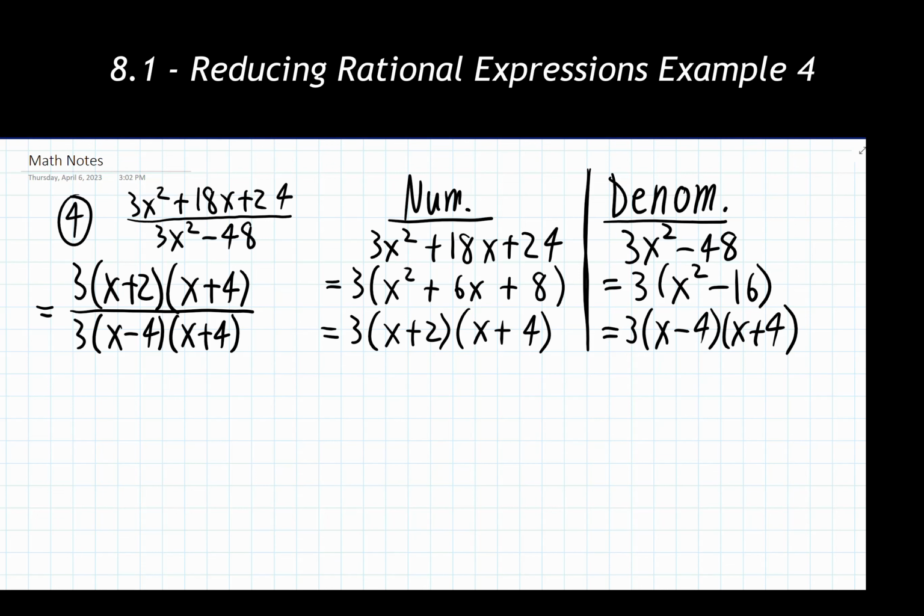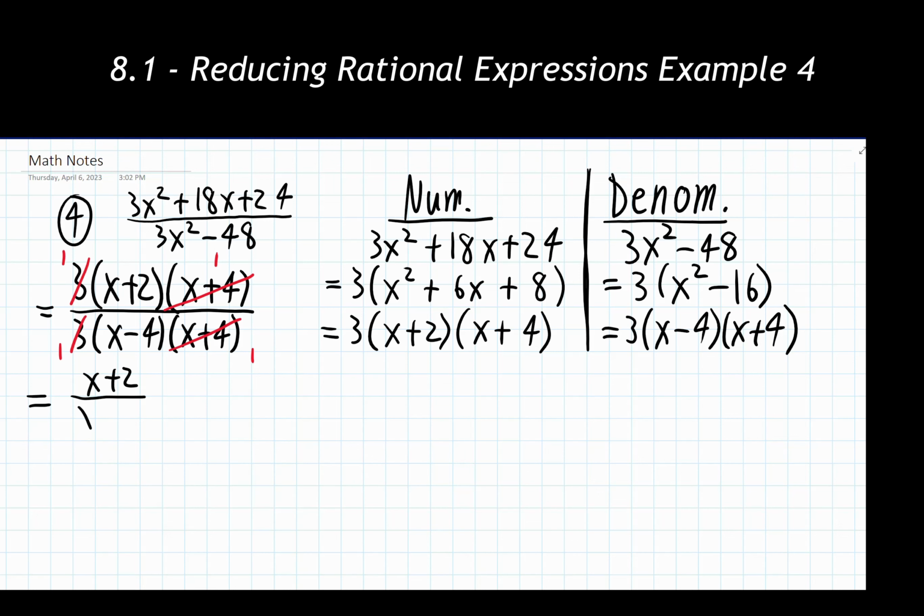And now with everything fully factored out, I can look to cancel things. I'm noticing that I have a 3 that I can cancel from the numerator and the denominator spot. And I also have an x plus 4 that I can cancel from the numerator and the denominator spot. So all of those are becoming 1s. And then after that, I'm looking at what's left over. Well, I have an x plus 2 in the numerator spot.